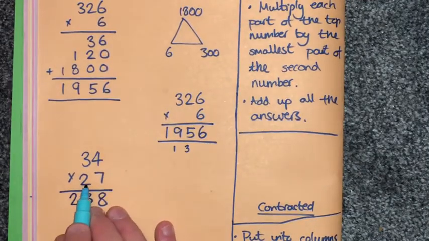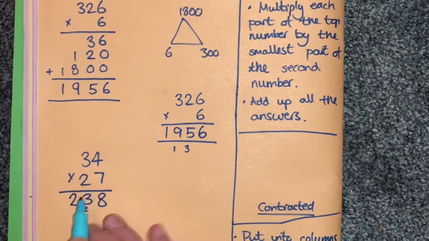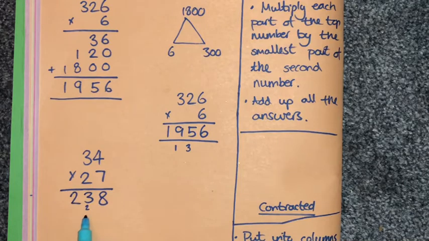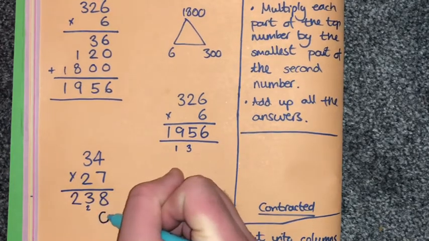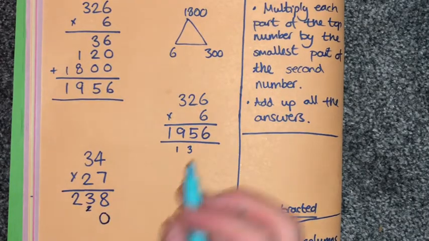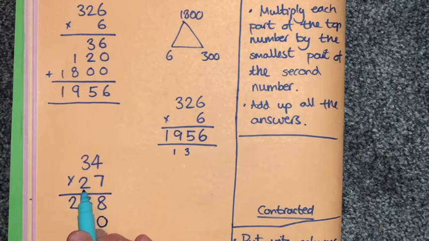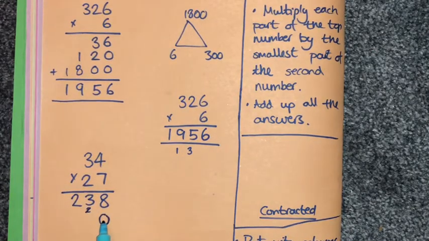Now I need to multiply by this 20. Now, because that is a 20, as in it's 2 tens, everything I do needs to be a column 10 times bigger than a 2. So I'm going to put in my placeholder straight away. Okay, I'm going to get rid of that 2 so it doesn't confuse me. So now, I'm going to imagine that that's a 2, but we know it's 2 tens, and that's why I'm starting in this column, so I'll put in my placeholder.